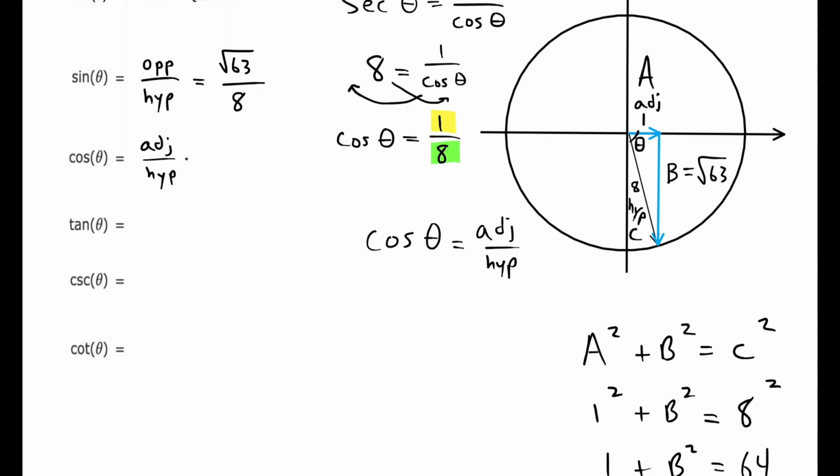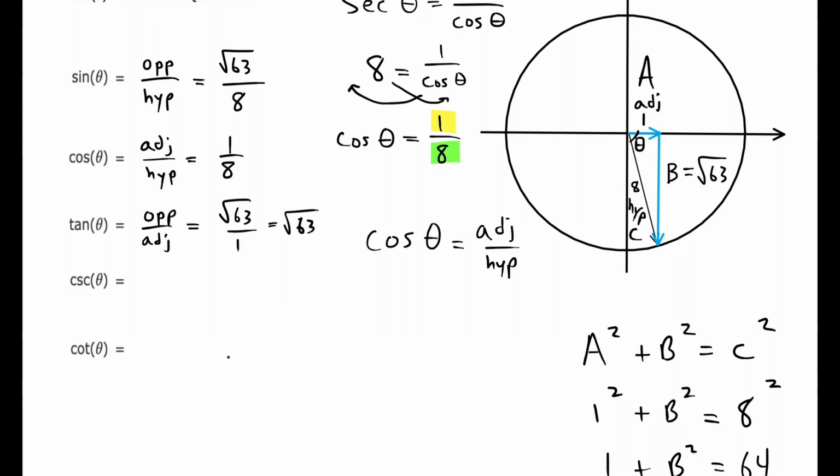We actually already have that one, that's 1/8. Then we have the tan theta, which is opposite over adjacent. So the radical 63 is the opposite, and the adjacent is a 1.